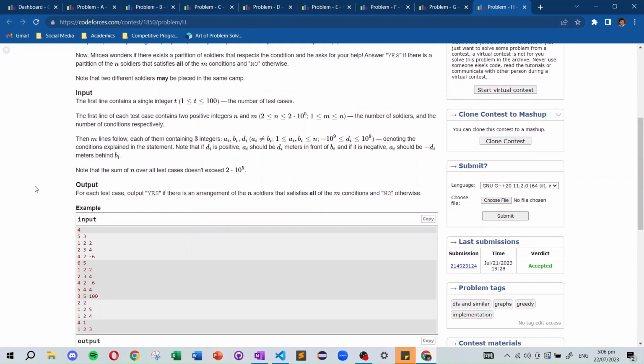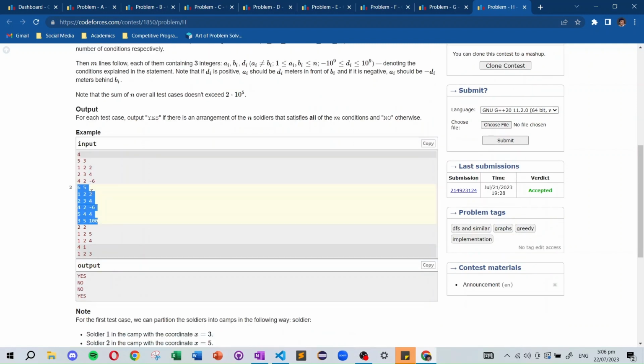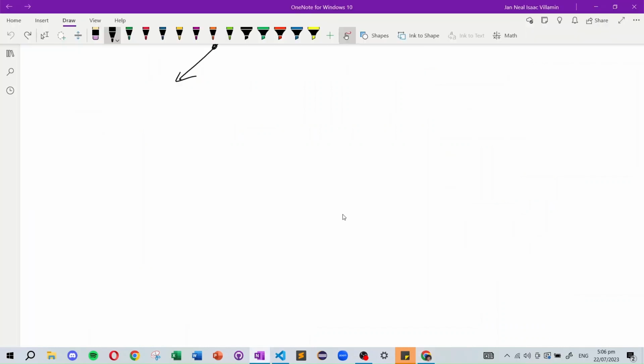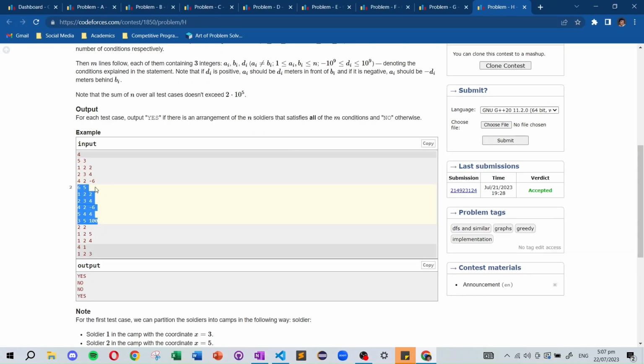So what does this look like? Let's consider this example here. So ai, bi represents a connection between ai and bi with a weight of di.